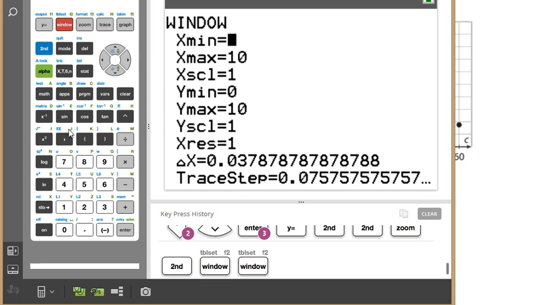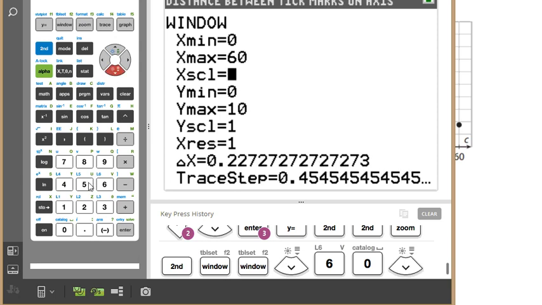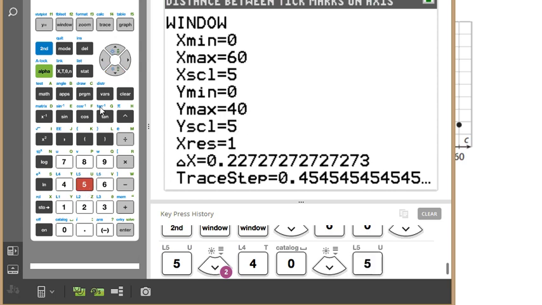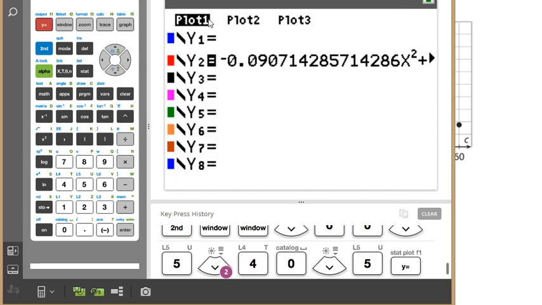We can go 0 to 60, and we're going by fives, $5 per ticket. For y maximum, we're going to have 40. I think we'll go up by 5 here also. We have the plot turned on, so we graph.